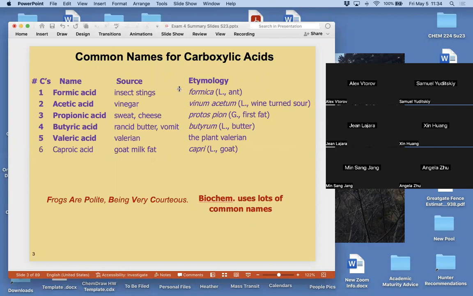You just need to learn the names of the first 5. Although I give you flexibility, you should be able to name them by IUPAC or using these common names. The common names are the ones you're going to tend to find most in a lot of settings.